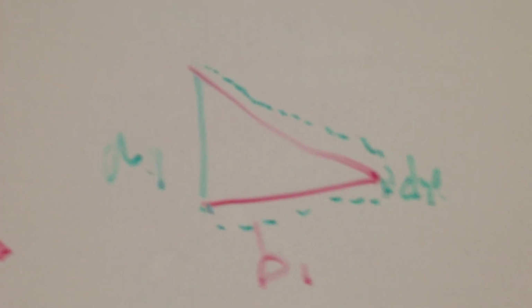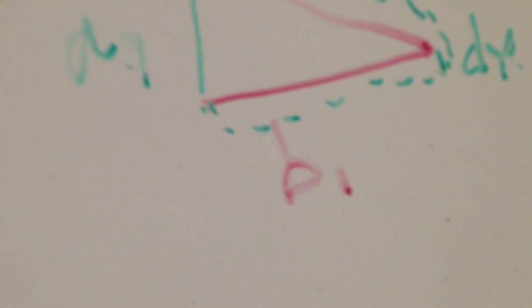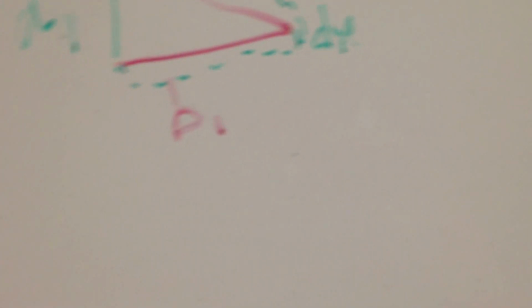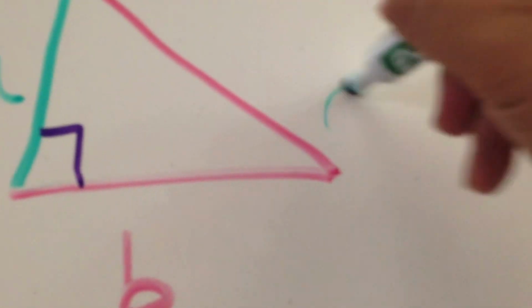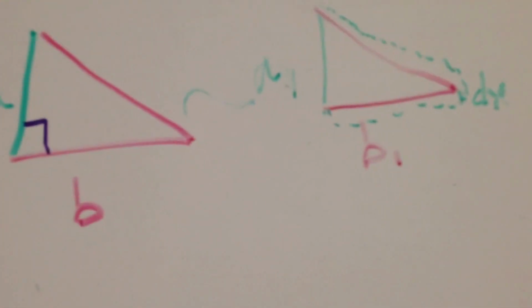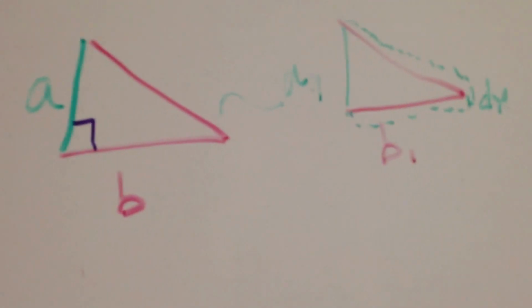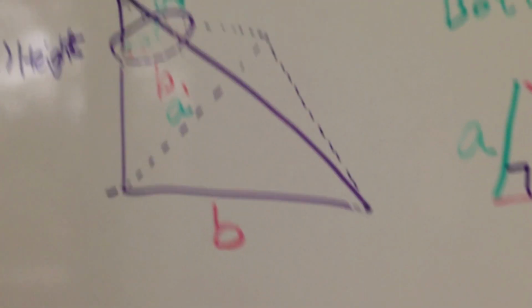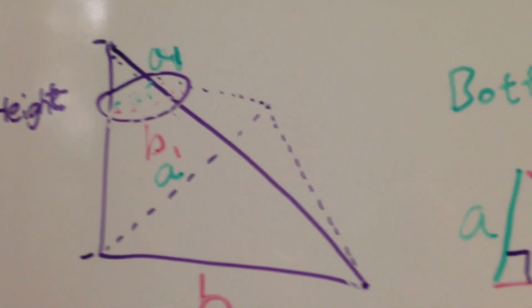That means it's infinitesimally small. We have this area with infinitesimal depth, so it's basically the area times dx, right? So these two are similar. The triangles are similar, but the base one is just bigger than the top one, right?